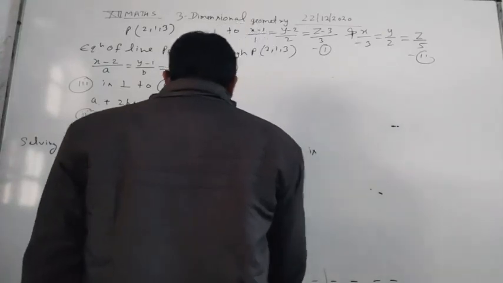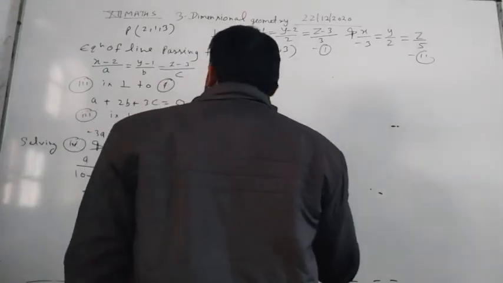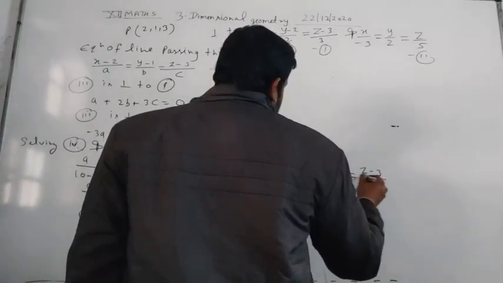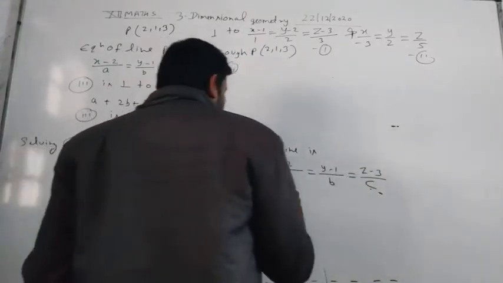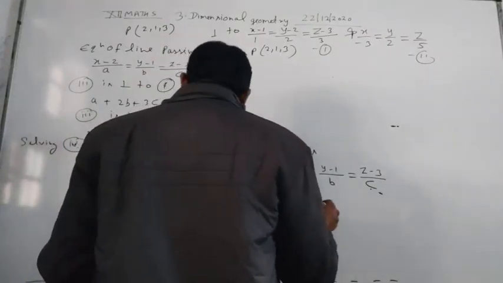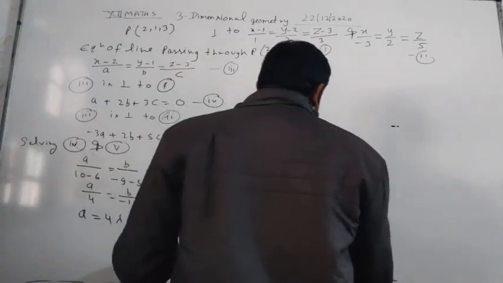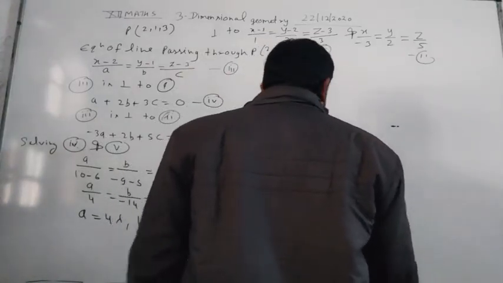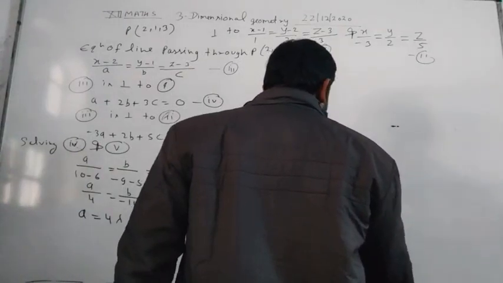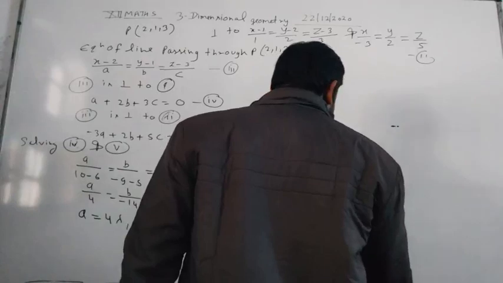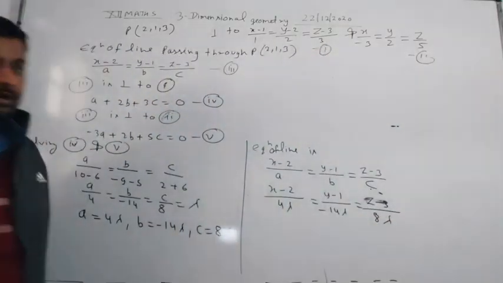X minus 2 by A, y minus 1 by B, z minus 3 by C. We put the value of A, B, C, which is 4 lambda, and y minus 1 by B, which is minus 14 lambda, and z minus 3 by 8 lambda. Okay student.